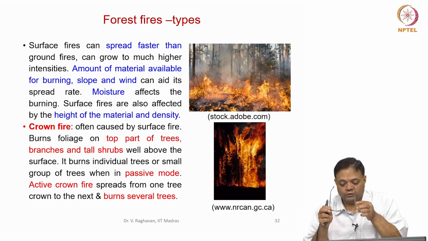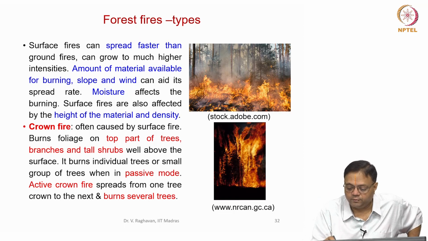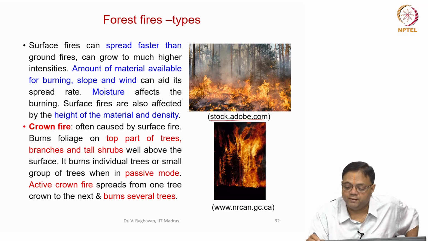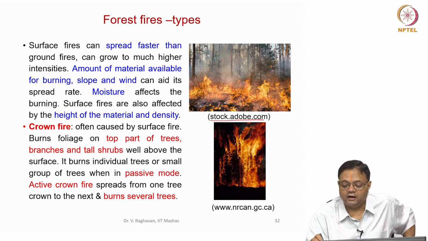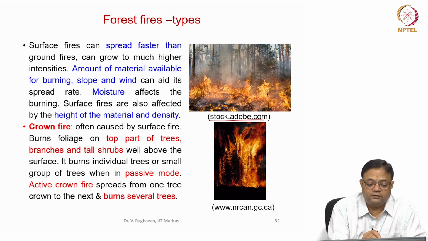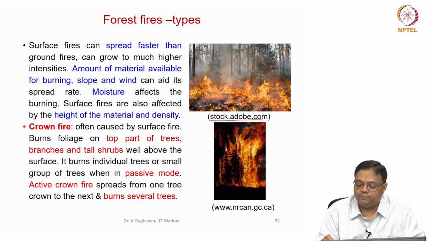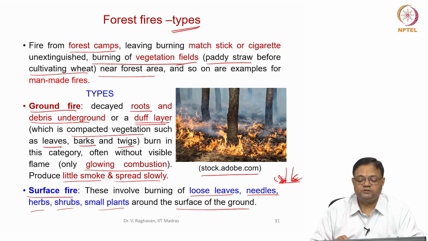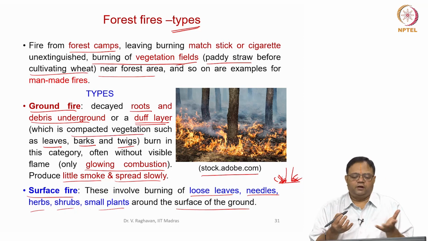And this is a typical example for this. Here you can see that the flaming combustion occurs. In the case of ground fire, it is actually a compacted vegetation. That means the porosity is low.